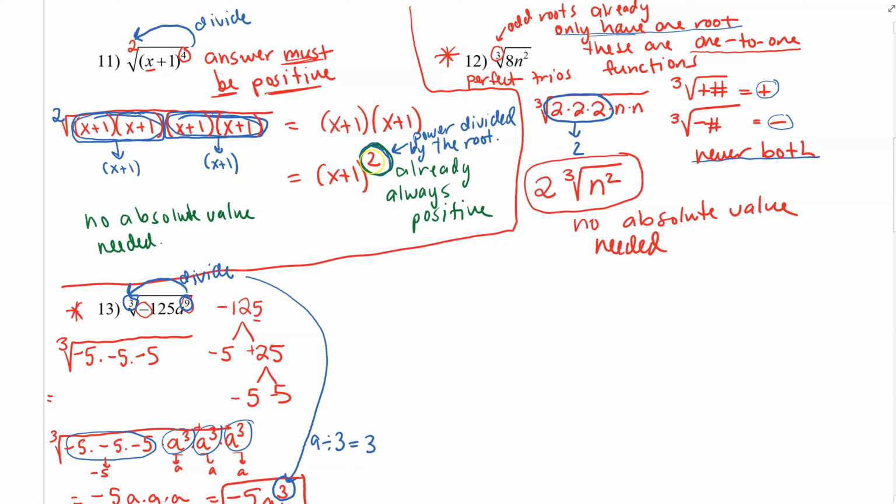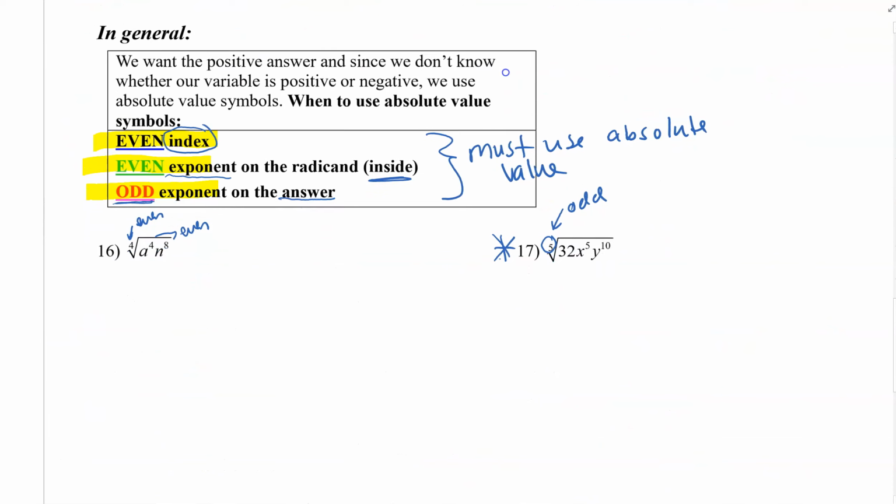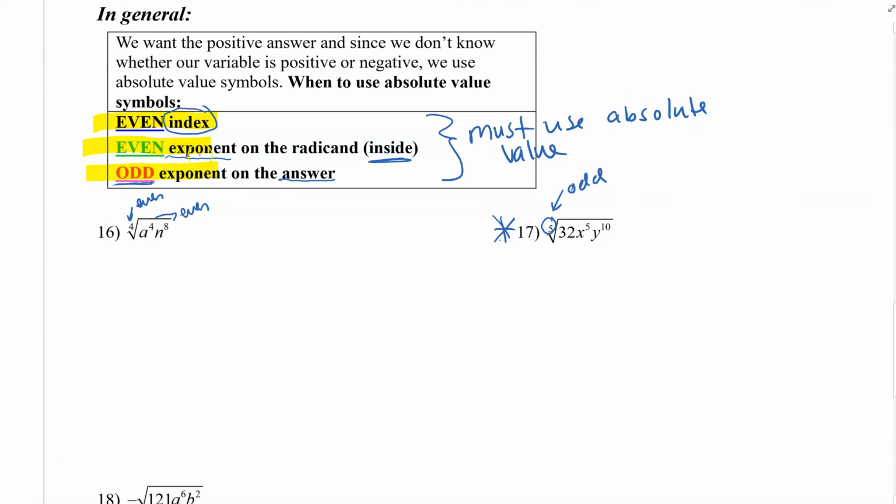So I did not need absolute value because when you raise a variable to an even power, it already is staying positive. So it's only when you have an even index, even exponents underneath the radical, and then an odd exponent on your final answer. That is the only scenario where you will need absolute value. Let's try a few more and see if we need it.